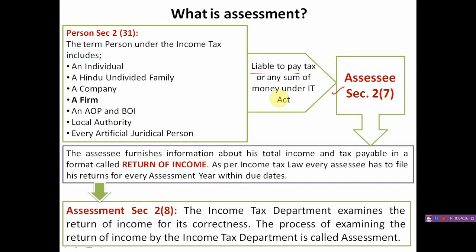It means the Income Tax Department examines the return of income for its correctness. The process of examining the return of income which is filed or submitted by an assessee is called assessment. The assessing officer examines the total income and tax liability of a person.